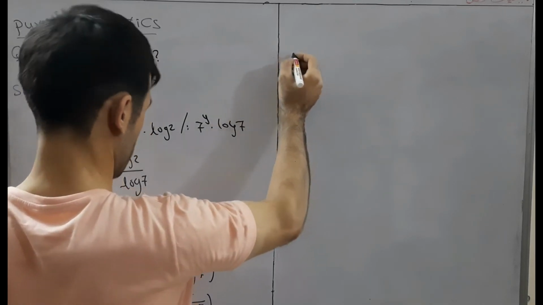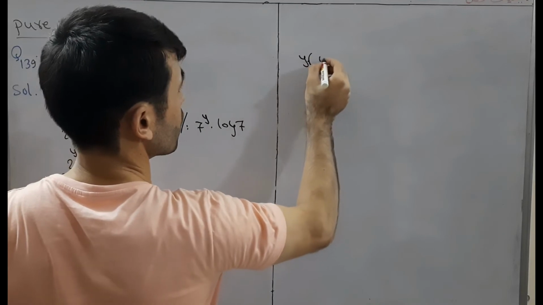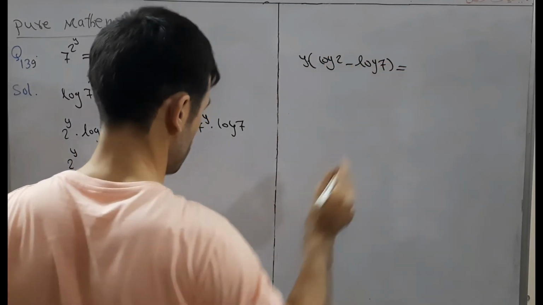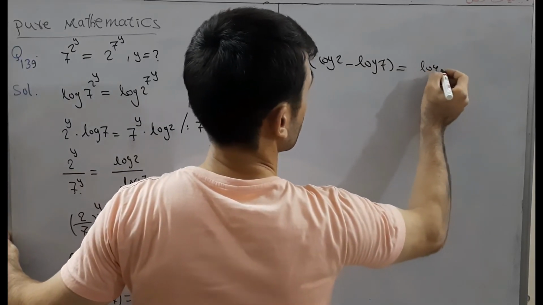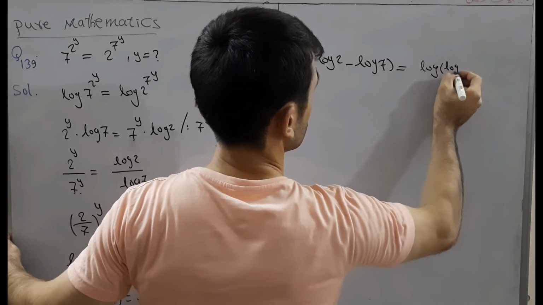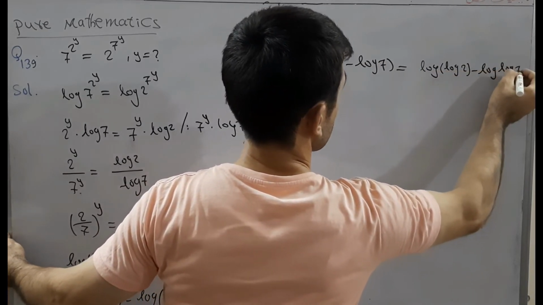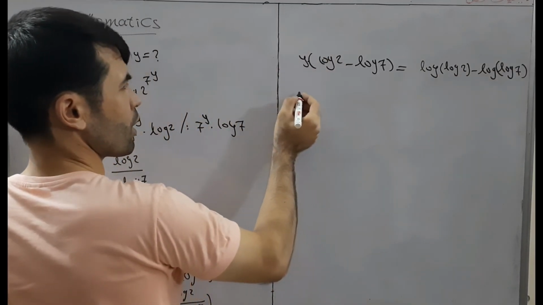Now y into log 2 minus log 7 is equal to log 2 minus log 7, according to the law of logarithm.